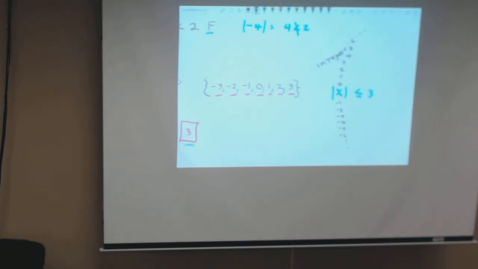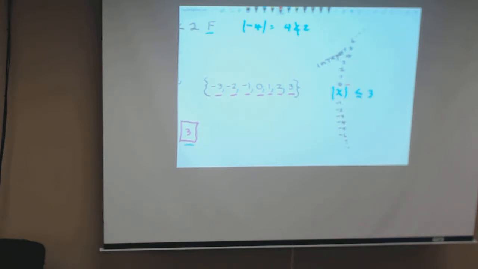See what I'm doing? I'm just picking a set of integers. Now, if you put 0 in place of x, is the absolute value of 0 less than or equal to 3? Yes, so that's a good one.